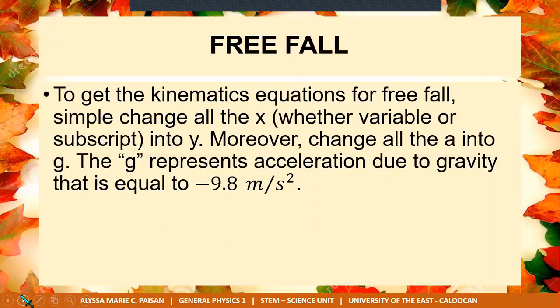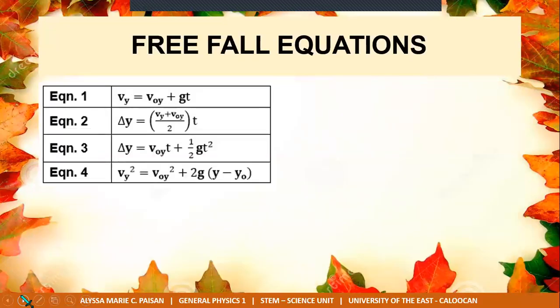So basically, we use the same equations, but with different variables. Here are the free-fall equations. As you may notice, they're really the same as in HUAM. It's just that here, the subscripts become y, and the acceleration becomes g.